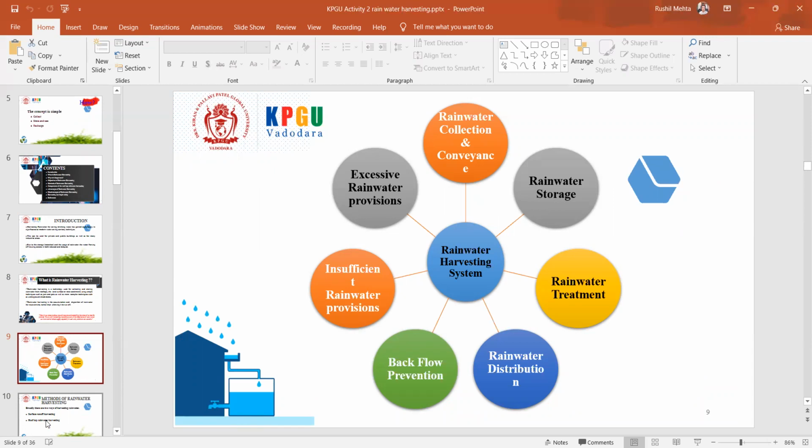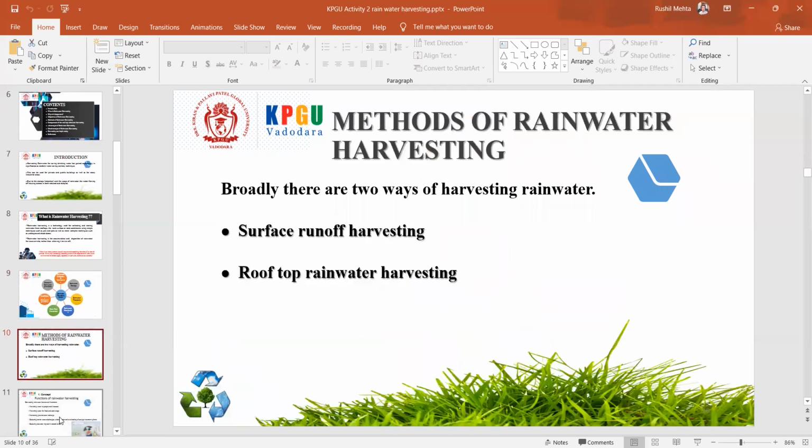A rainwater harvesting system has many aspects like rainwater collection and conveyance, rainwater storage, rainwater treatment, rainwater distribution, backflow prevention, insufficient rainwater provision, excessive rainwater provision, etc. Which are the methods available?